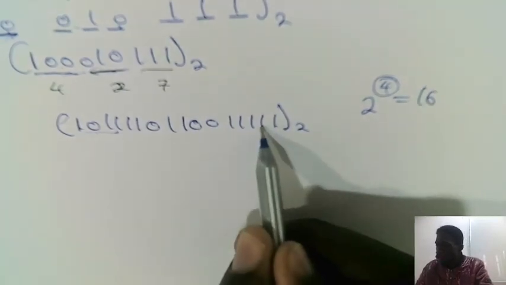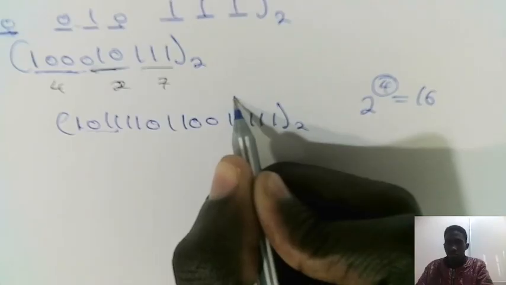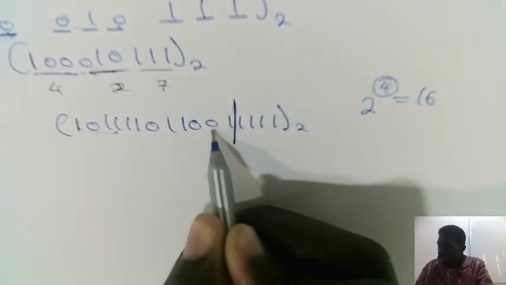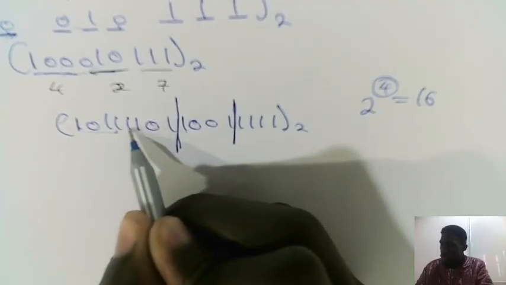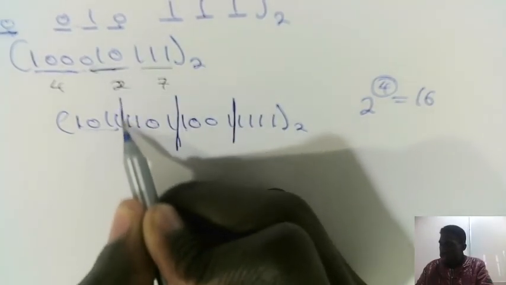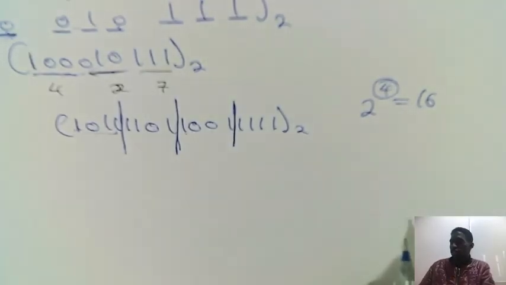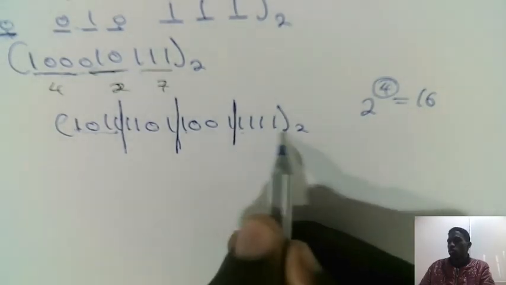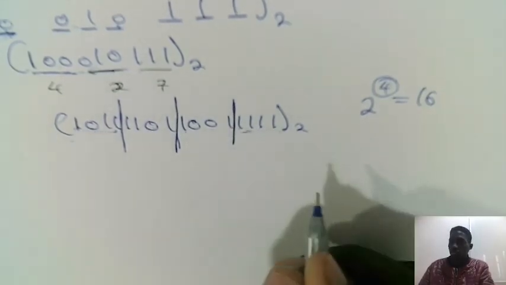So I count 1, 2, 3, 4 and draw a slash here. 1, 2, 3, 4, another slash here. 1, 2, 3, 4, another slash, and 1, 2, 3, 4. So I've divided the entire base 2 number into groups of 4, starting from the right, going towards the left.